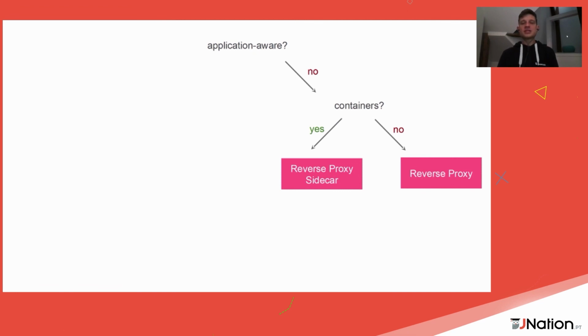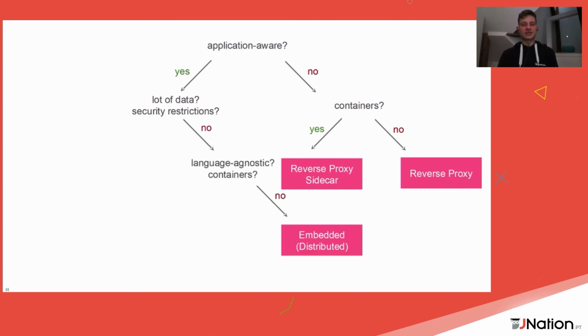Now, if your application needs to be aware of caching, then do I have a lot of data or some security restrictions? Basically, is my company like a big banking industry? If no, does it need to be language agnostic or run dual containers? If no, use embedded distributed caching. If yes, use sidecar. Now, if you have a lot of data and you work in a big banking industry, then the last question you need to ask is: is my infrastructure cloud?